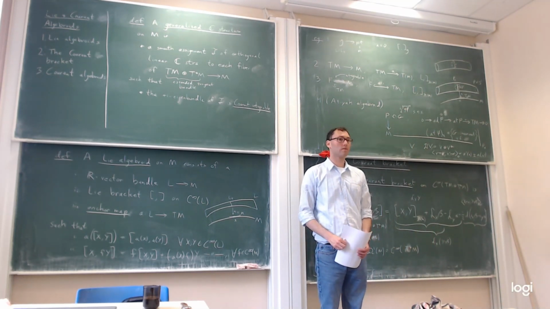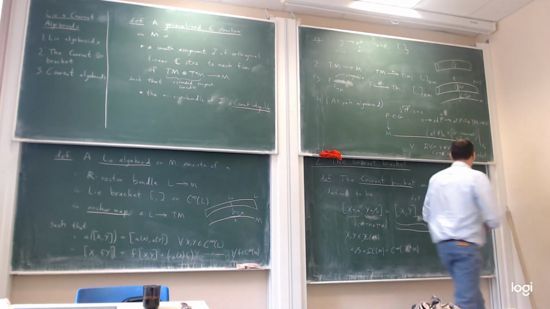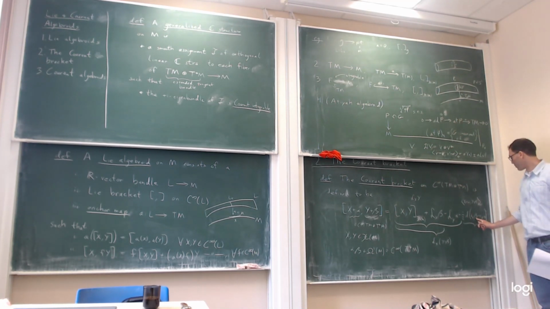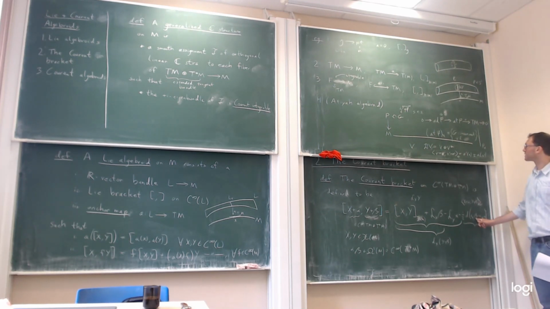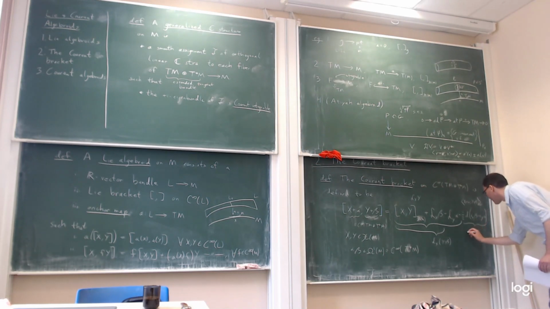And how is this related to the last term? Because the interior product of a vector field with a one form is just the application of the one form, which lives in T star M, to X, which lives in TM. So we could write this as beta of x minus alpha of y.